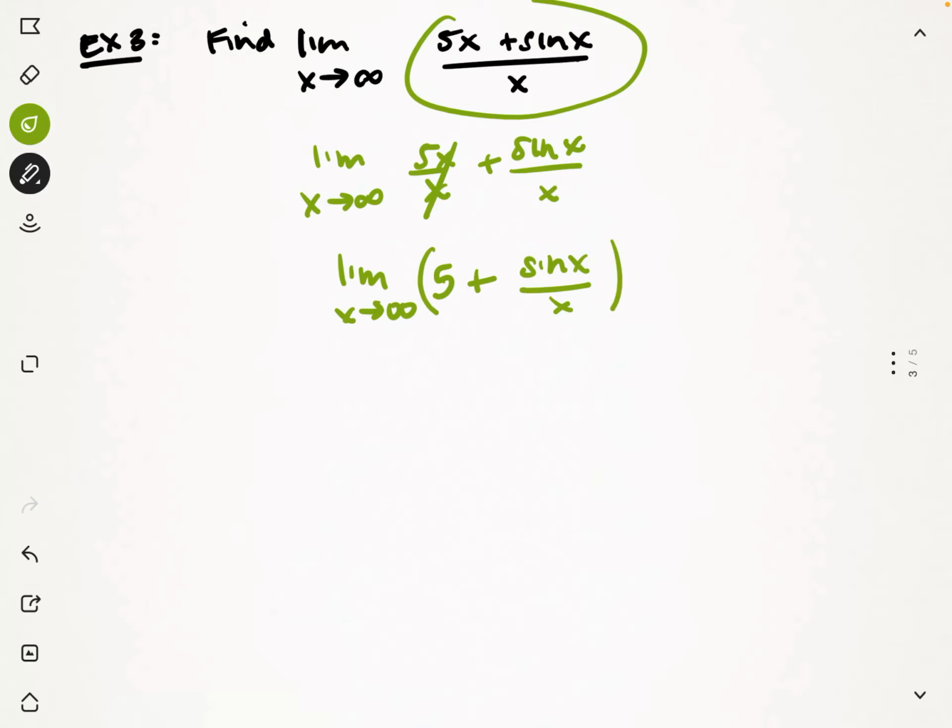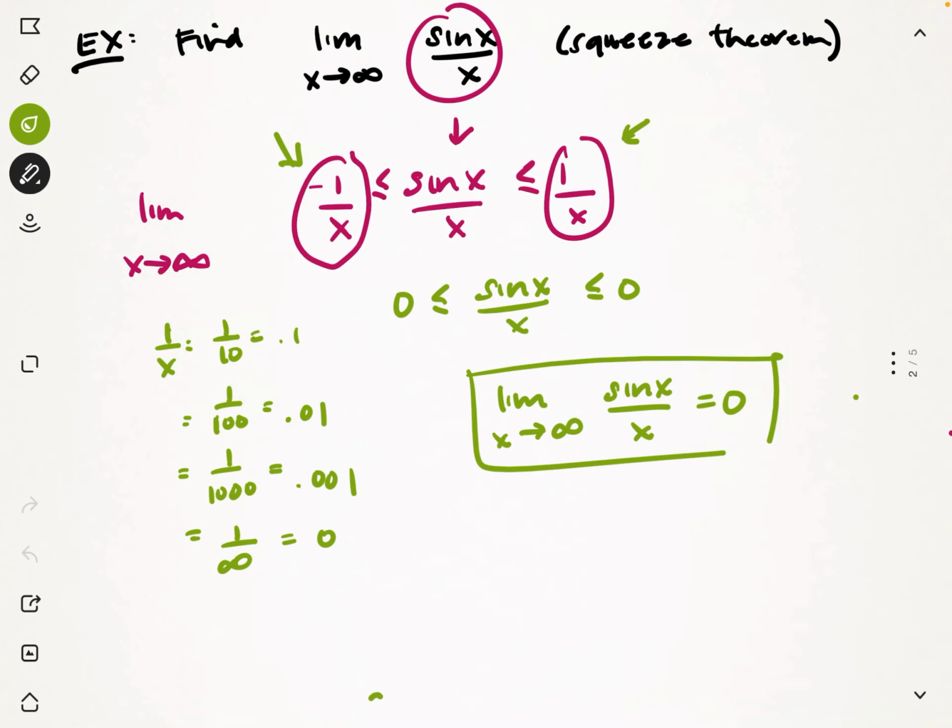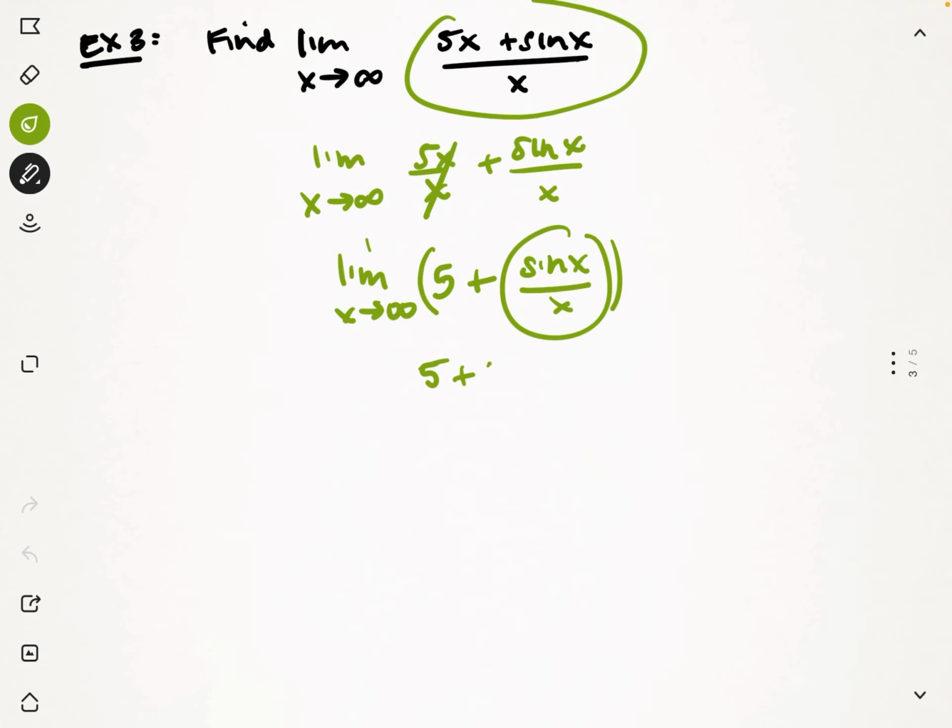The limit of this constant, there's nothing to plug infinity into, is just going to be 5. And then the limit as x approaches infinity of sine x over x is 0. So this whole thing is equal to 5.